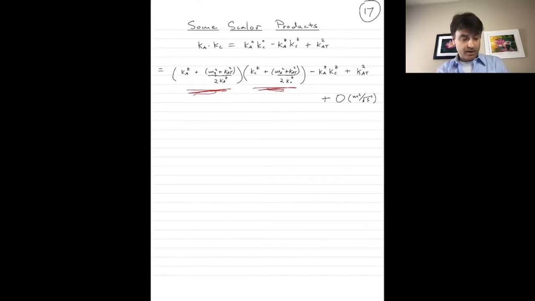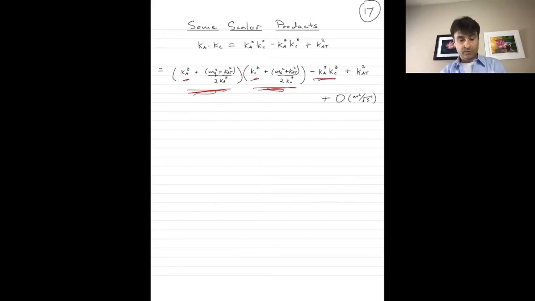Now you see why I actually kept them to several orders in 1 over square root of s, because what happens is that Kaz and Kcz here cancel with this Kaz, Kcz, so that actually the leading power in Ka dot Kc is going to be order m squared.